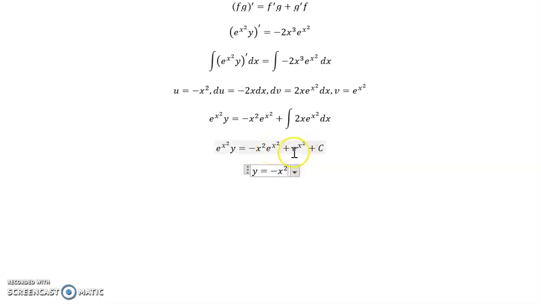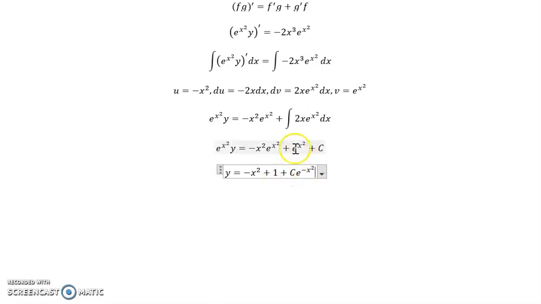Here if I divide by e to the x squared, I get 1. And then for the c, I also have to divide that by e to the x squared, but that then becomes c e to the negative x squared, or c over e to the x squared.